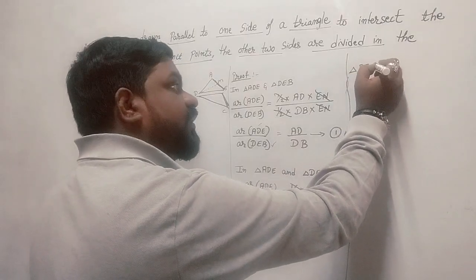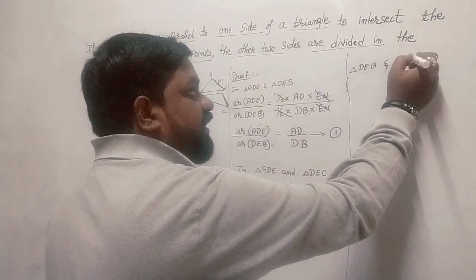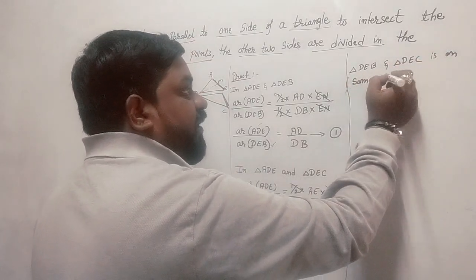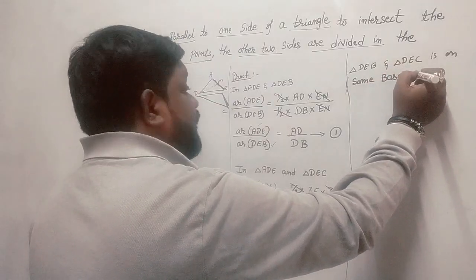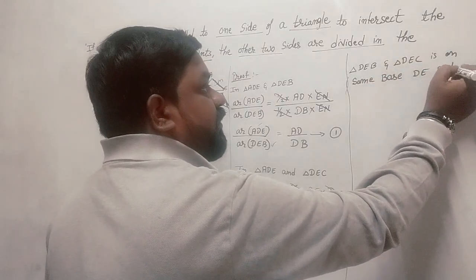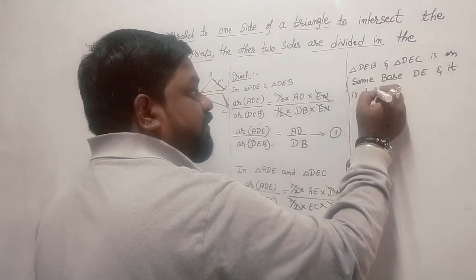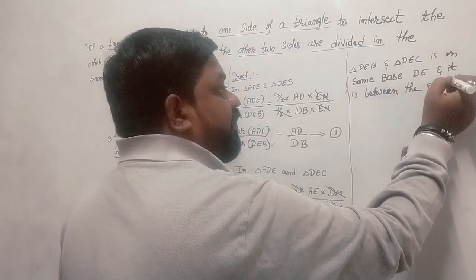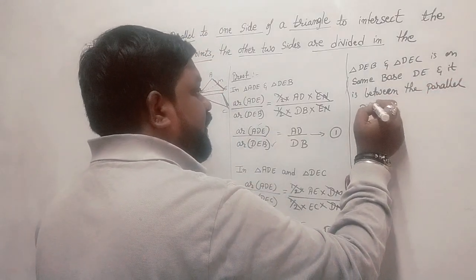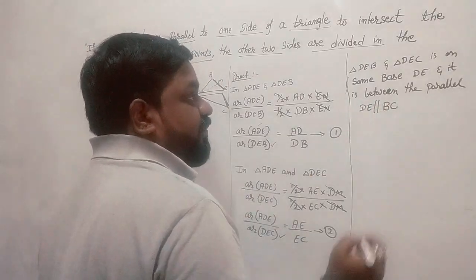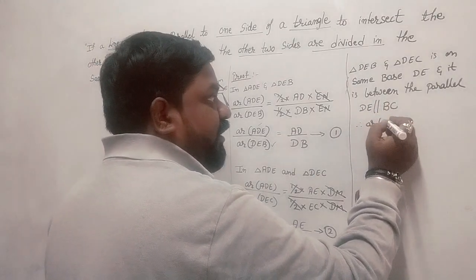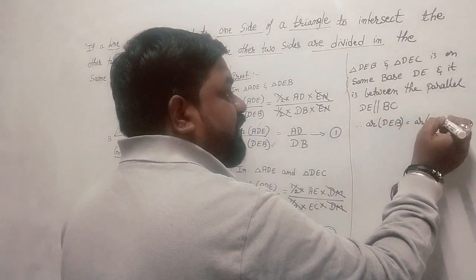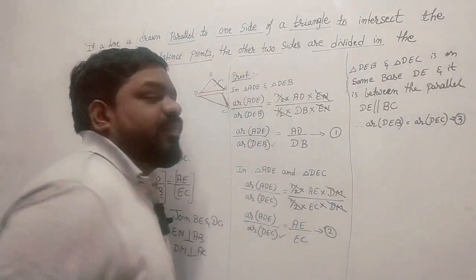Triangle DEB and triangle DEC are on the same base DE and between the parallels, DE parallel to BC. Therefore, area of DEB is equal to area of DEC. This will be equation number 3.